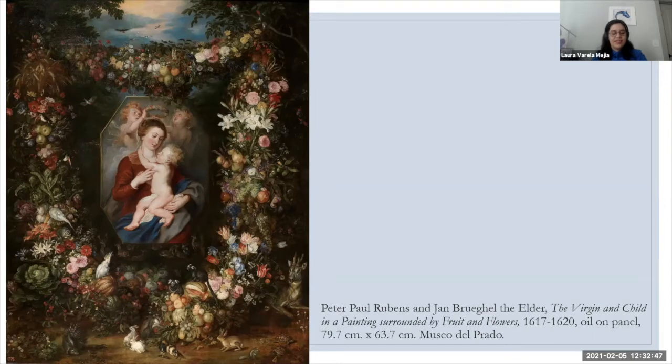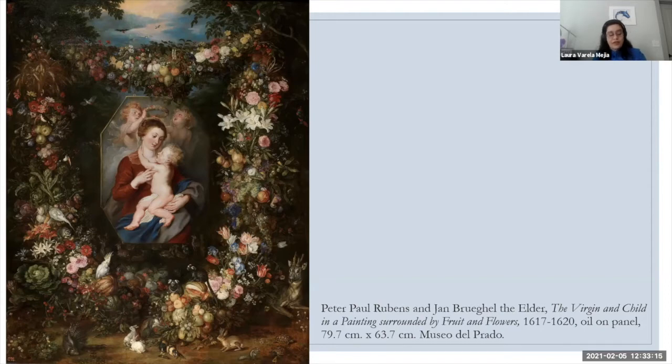And still, this internal frame, this golden tiny frame, is indicating to us that even though the whole painting is technically playing with ideas of an illusion of reality, the part that's a religious image is not necessarily meant to be taken on the same level as the rest of the painting.